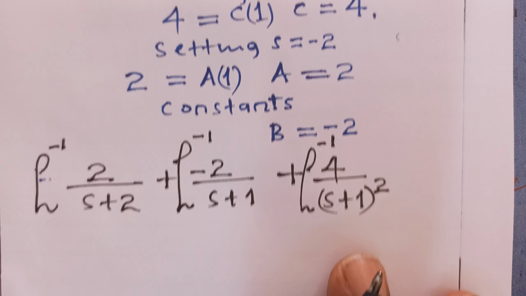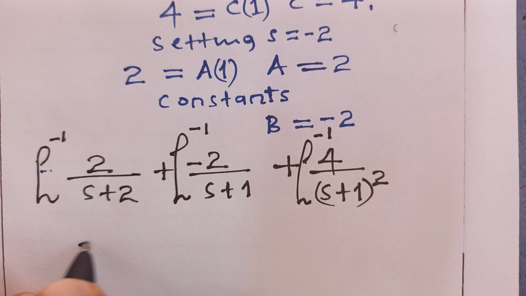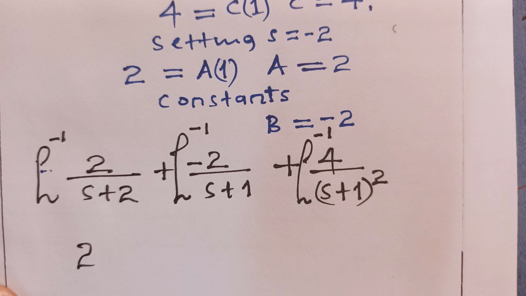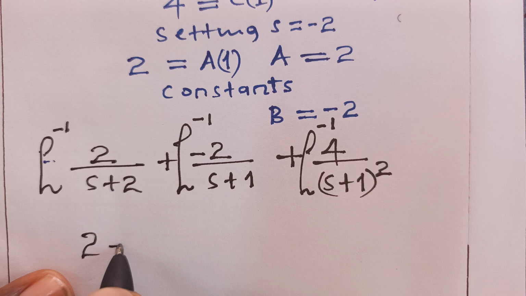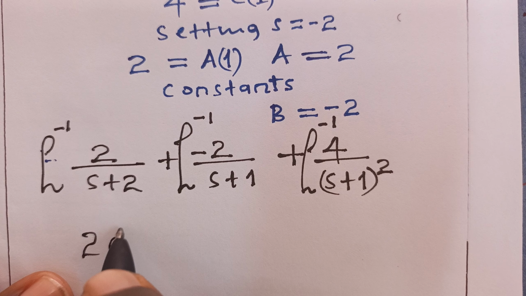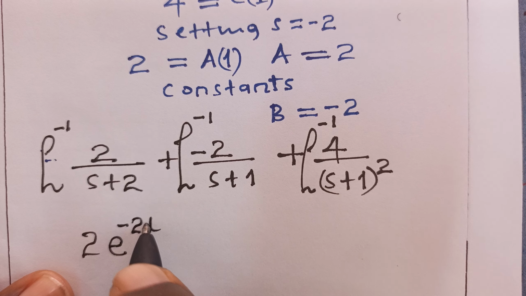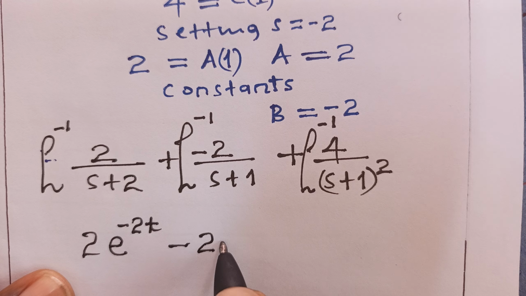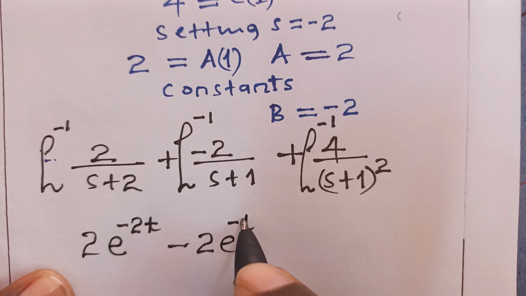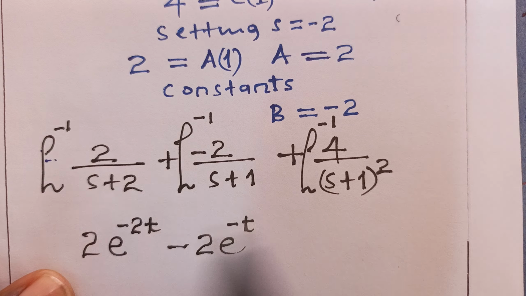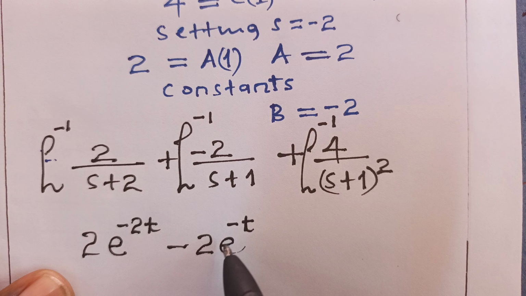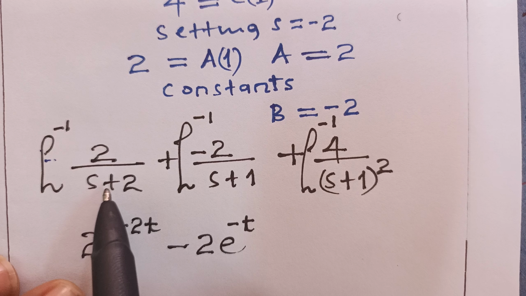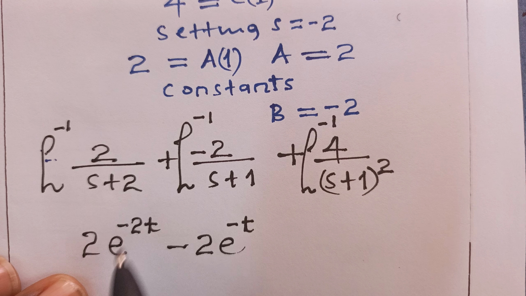For the first one, this is going to be 2 e raised to -2t, and this one now comes to minus 2 e raised to -t. Remember this value here too is this 2, and this -1 is actually this. When this is plus, this becomes negative, so this becomes -2.